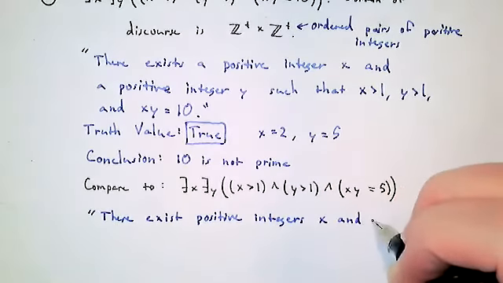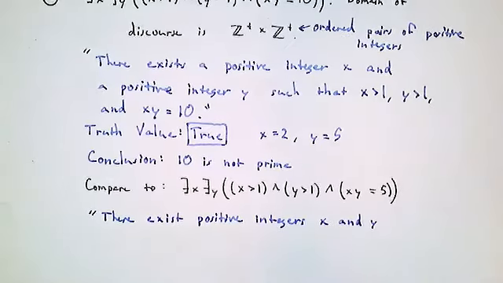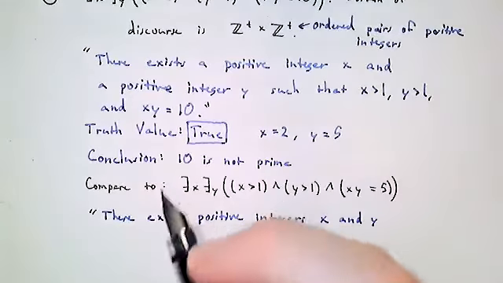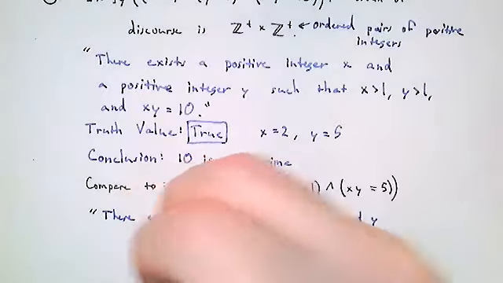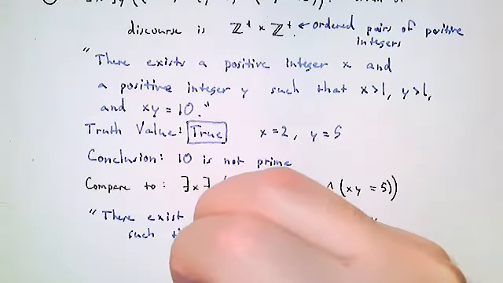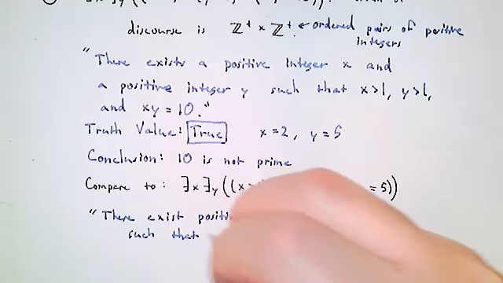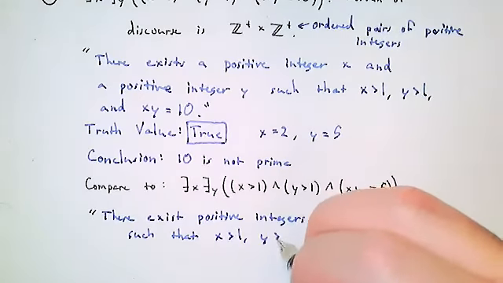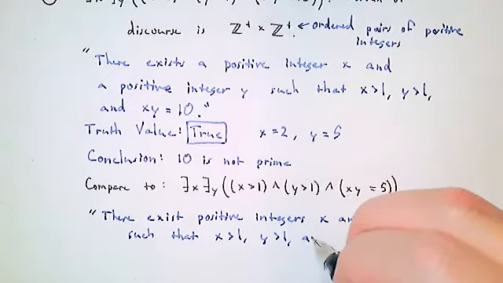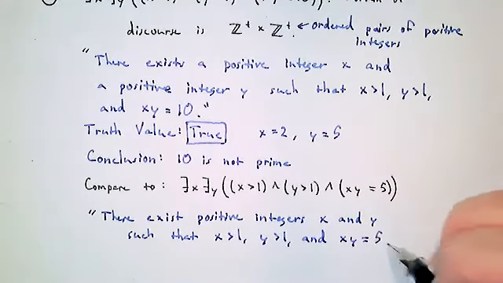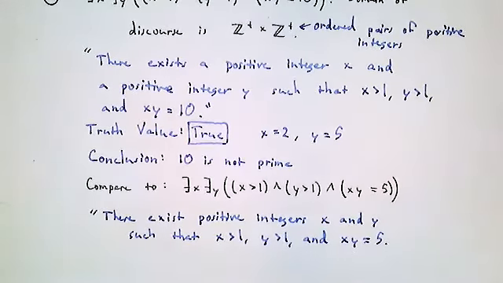So what's the domain of discourse for this? It's the same. It's still the positive integers. So what do you think?